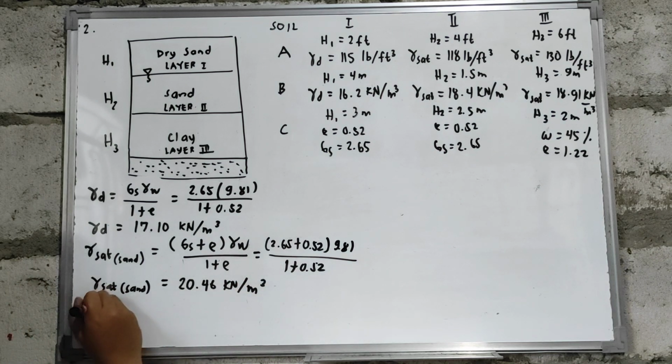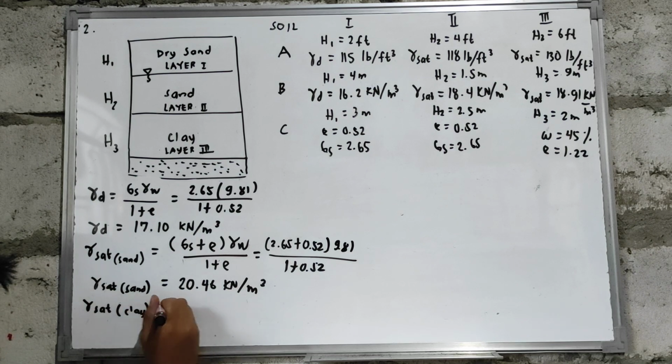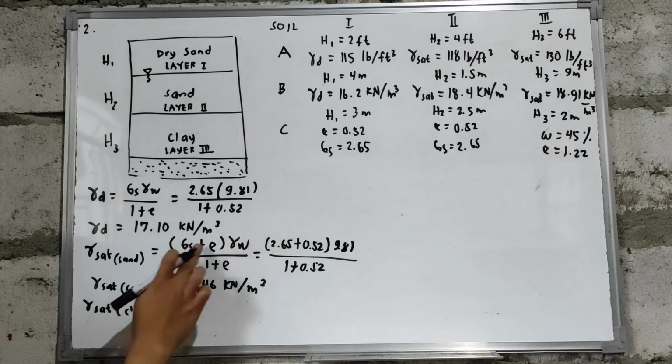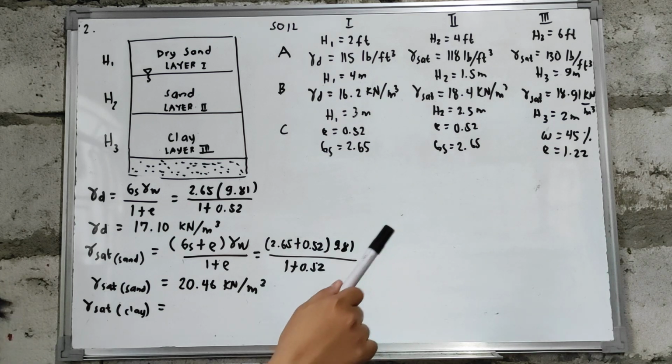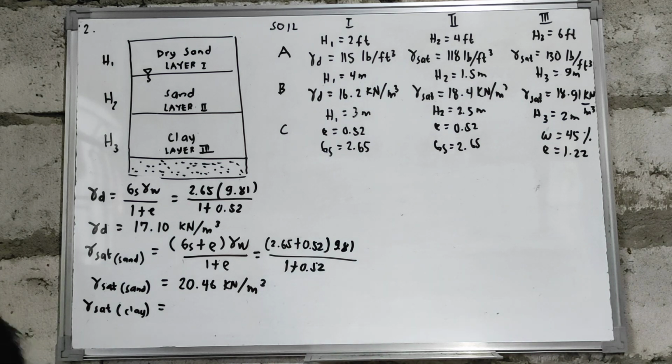Then next, let's compute for the gamma saturated clay naman. So, yung formula natin is same lang. So, hindi pala, kasi wala naman tayong given na GS. So, meron lang tayong given na moisture content.